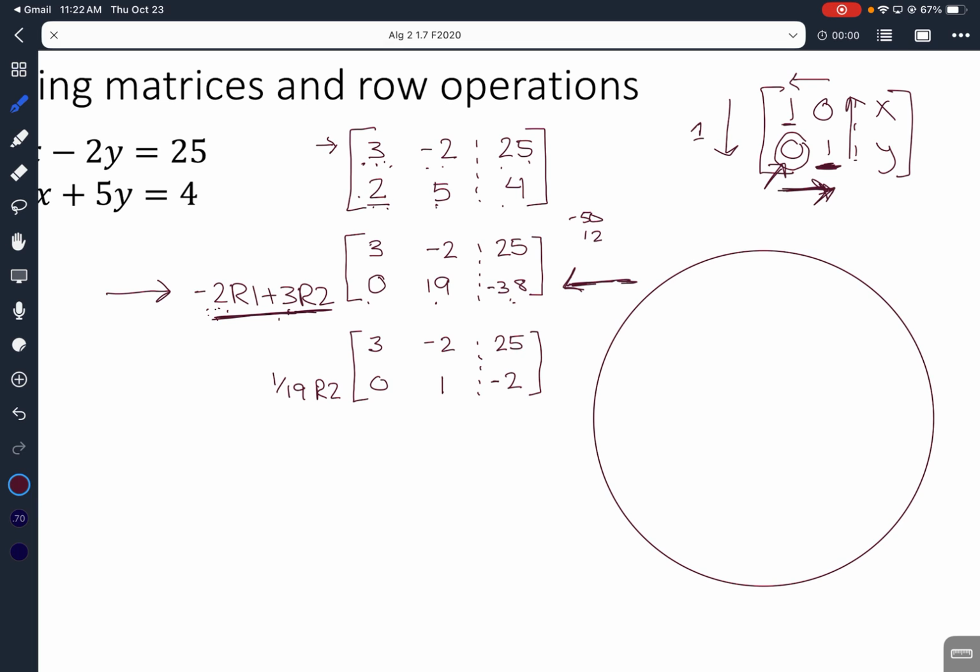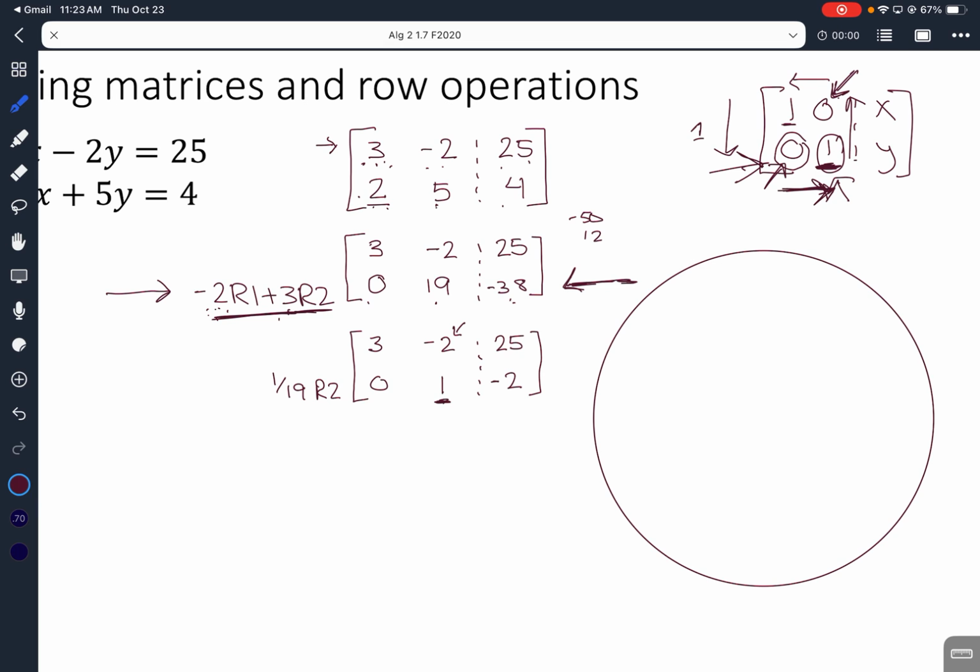Okay, so now I got my 0, I got my 1. Now I need to get my next 0. That 0 is in the second column, so I'm going to use the second row. So I'm looking at this 1. How am I going to use this 1 to make this a 0? I'm going to multiply it by what? 1?